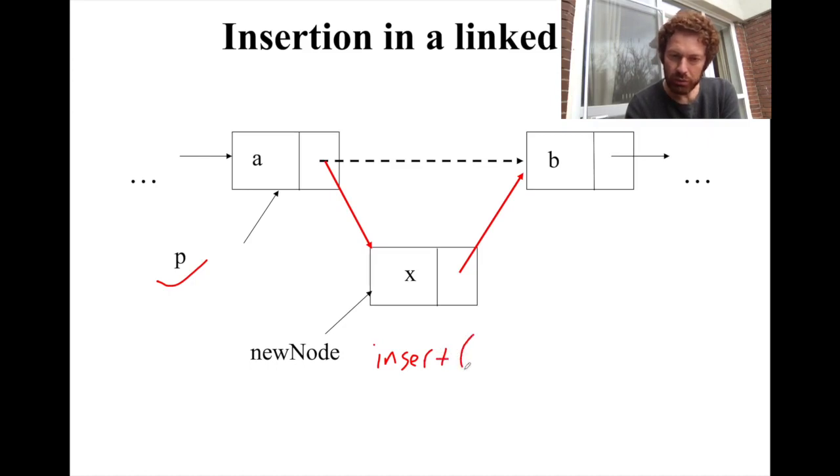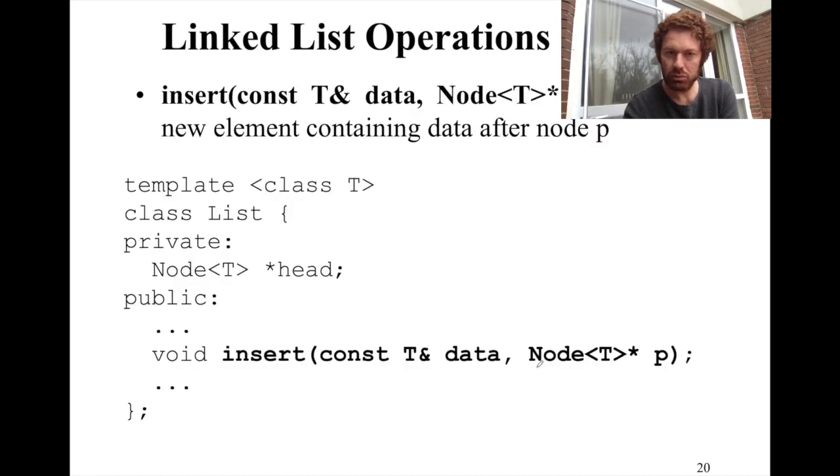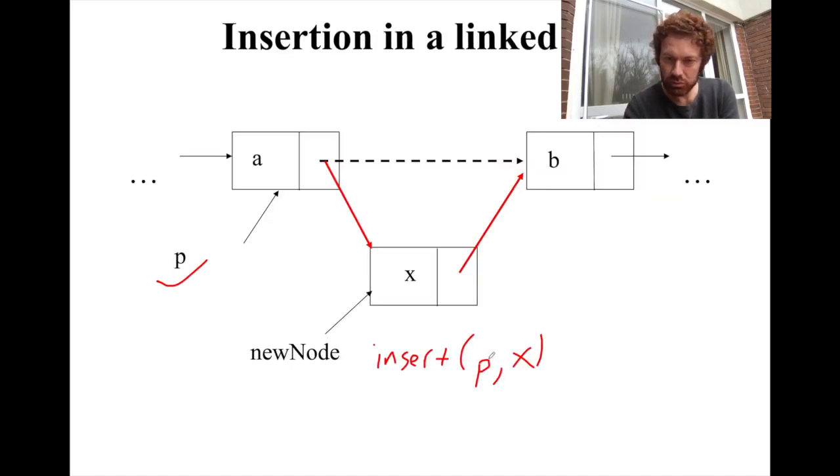The programmer will give me this p pointer and tell me to do the insertion after p, and in the insertion create this new data value called x. Sorry, first data then pointer. I just wrote it in reverse order. So this should have been x and this should have been p, but it really doesn't matter. Let's stick with the slides notation here.